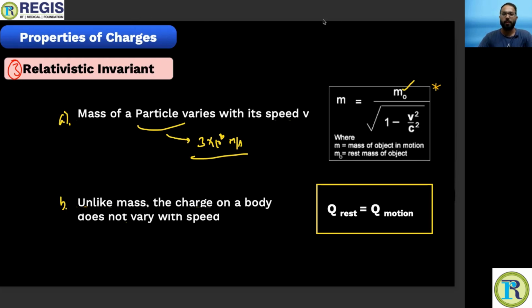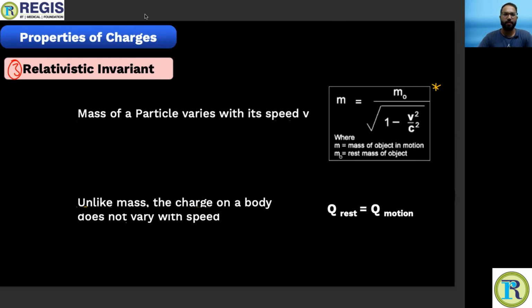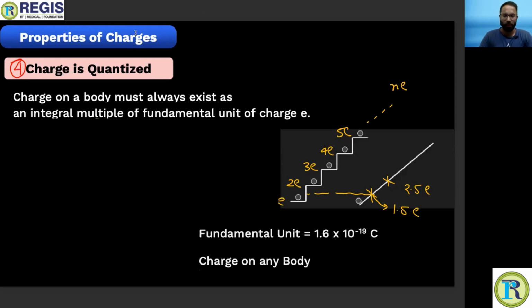Now next property, which I think we have covered already: charge is quantized. Charge on a body must always exist as an integral multiple of the fundamental unit of charge, that is e. So total charge on any object or any body will be n times e, where n is a positive integer.